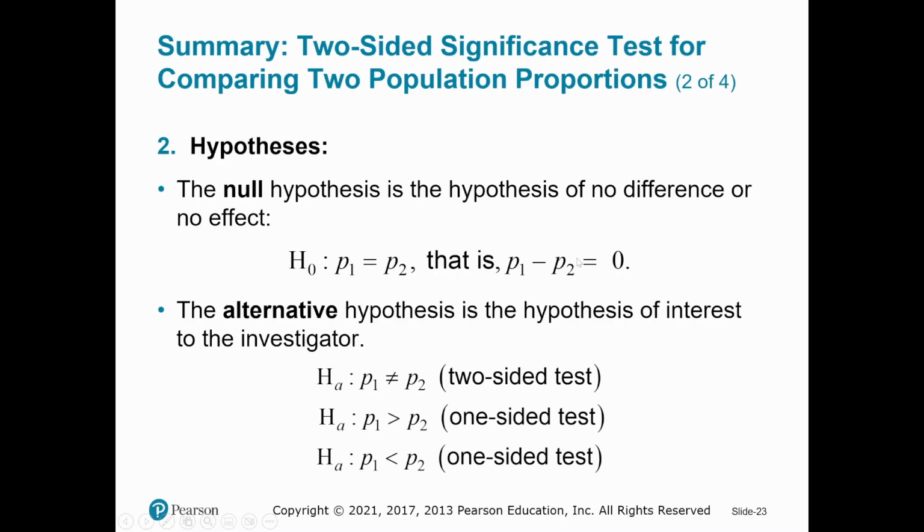Zero difference is mathematically equivalent to the first true population proportion being equal to the second true population proportion. Basic math. The alternative hypothesis is the hypothesis of interest to the investigator. That is not necessarily true. It depends who you're working for.